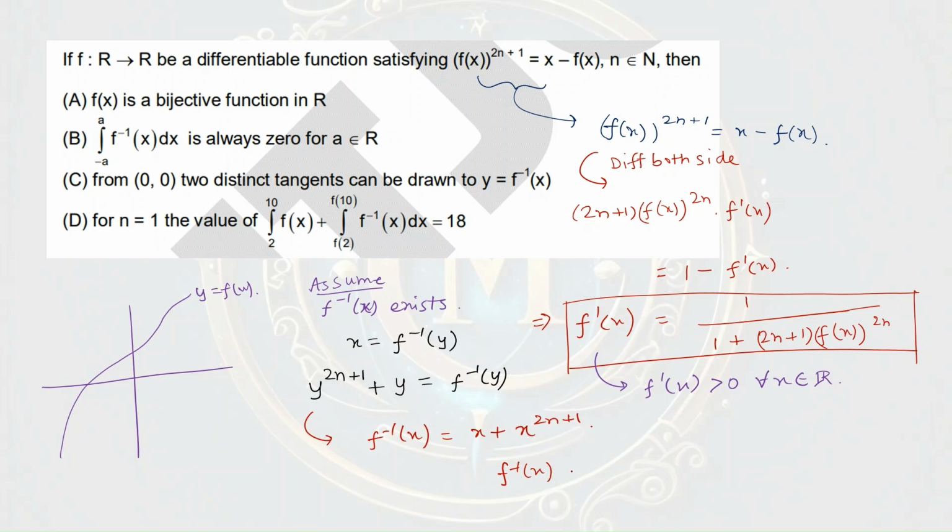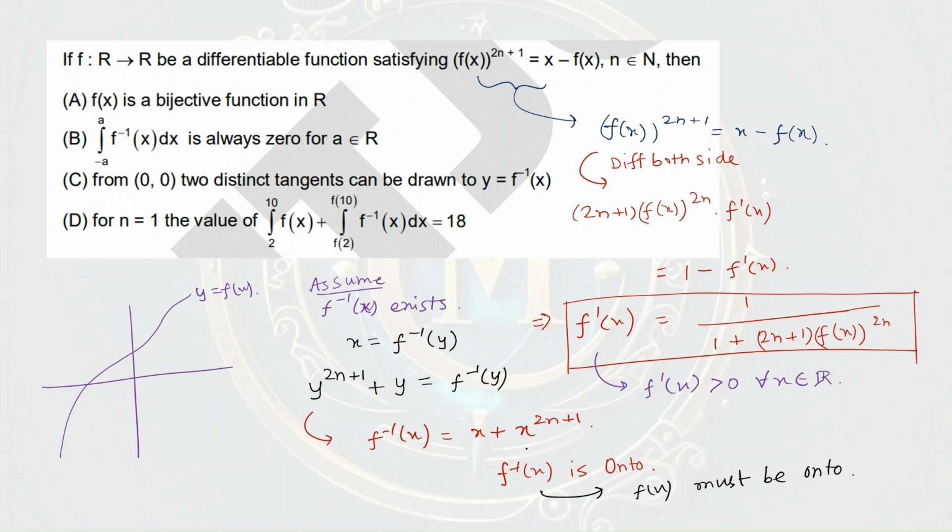So f inverse x is onto. That means definitely f(x) must be onto, and our assumption is correct that f inverse x exists, because f(x) is both one-one and onto, so f(x) is a bijective function.